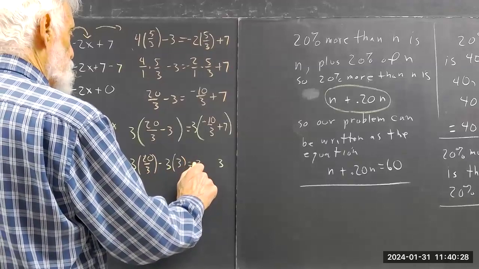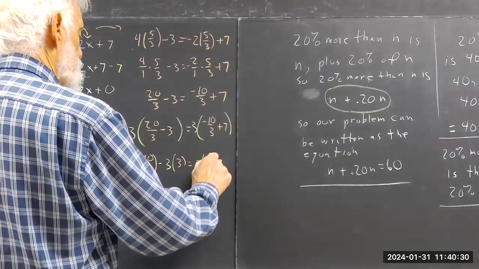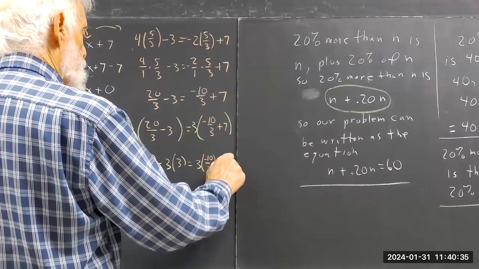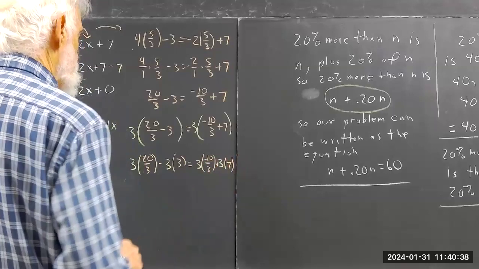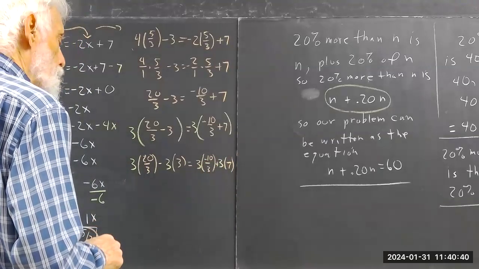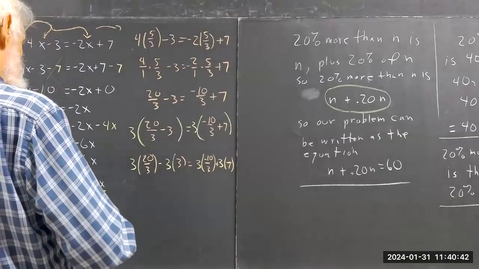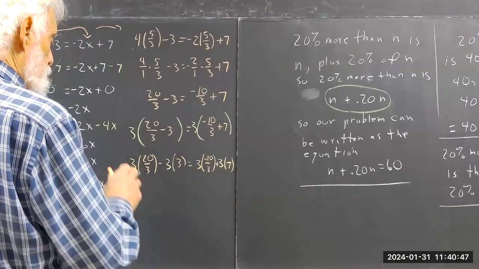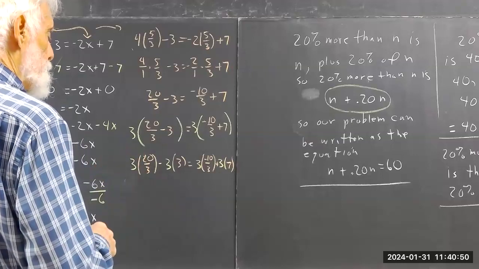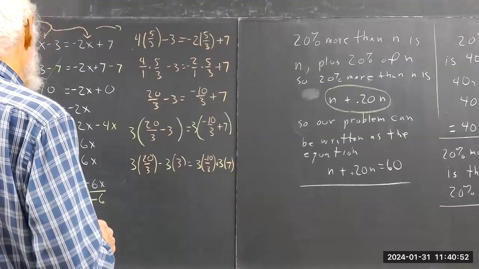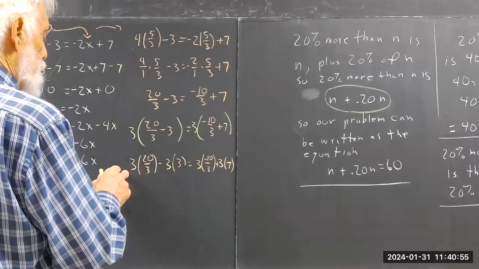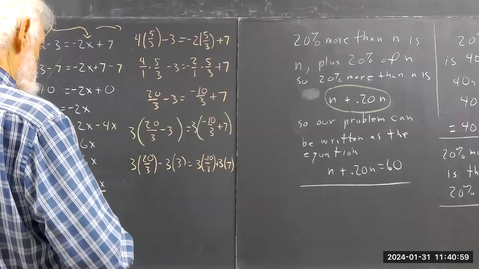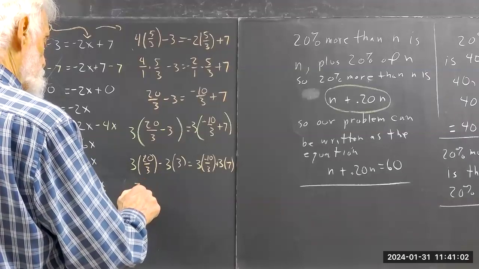And that equals 3 multiplied by -10/3 plus 3 multiplied by 7. When I multiply this out, I get 3 times 20/3. Well, this 3 is going to divide this 3, and I guess I'd better write it out. So I'm going to just write it all in the same color.